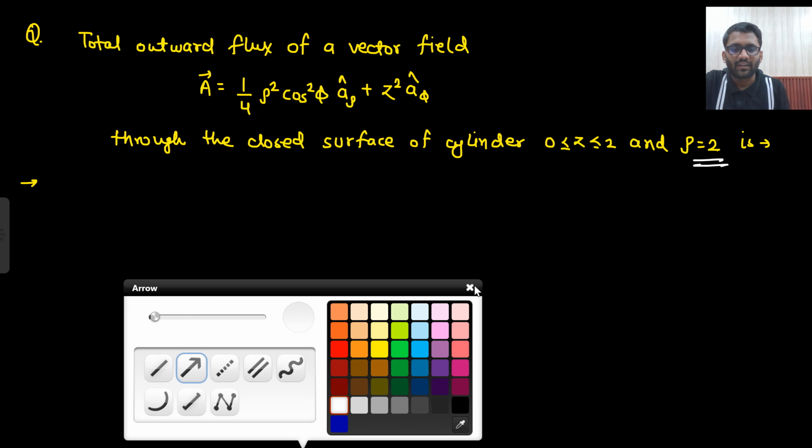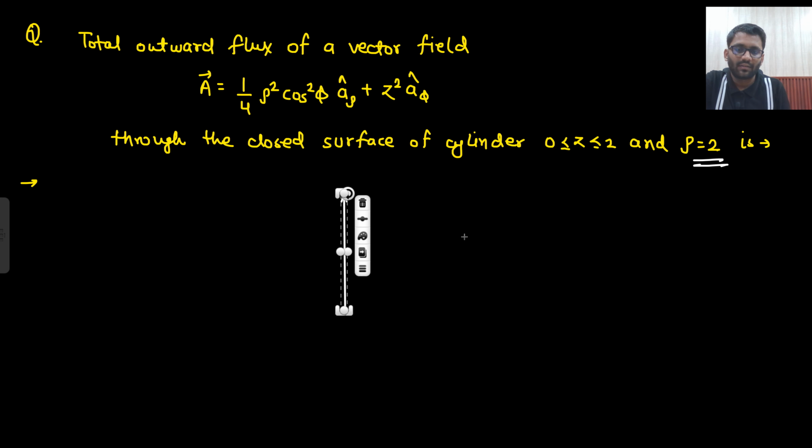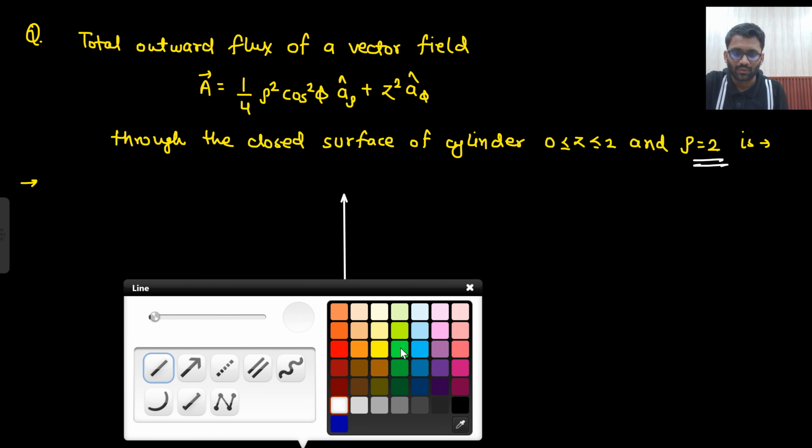How will you make a cylinder? Let's make a cylinder now. Z is from 0 to 2.